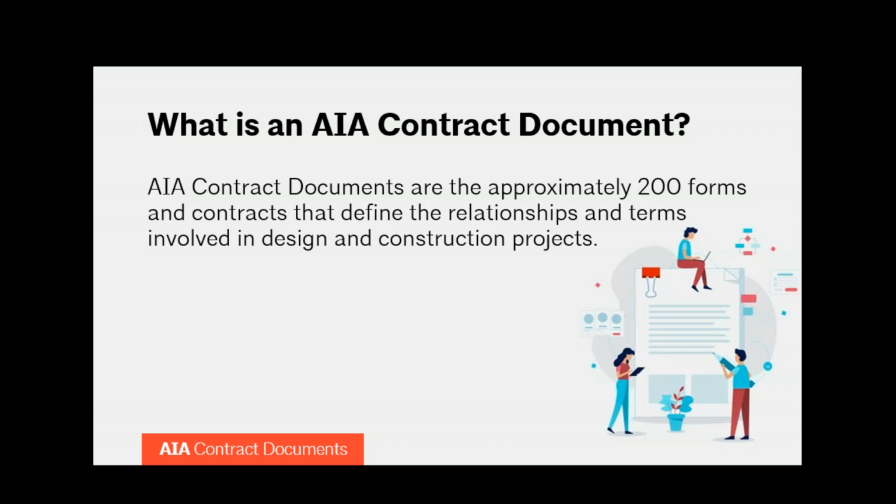I know we have a range in the audience in terms of experience with AIA contract documents. So we're just going to start with square one by explaining what exactly is an AIA contract document. AIA contract documents refers to the body of approximately 200 forms and contracts that, as we put it, defines the relationships and terms involved in our design and construction projects.